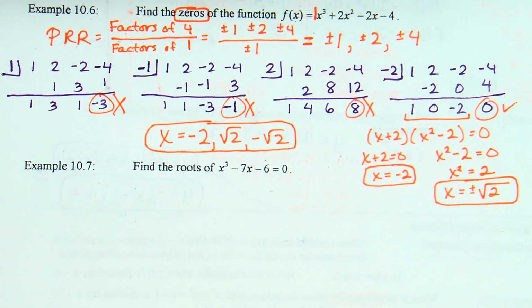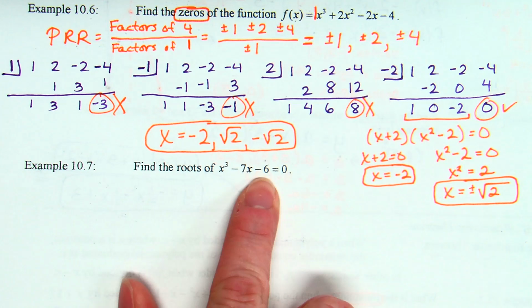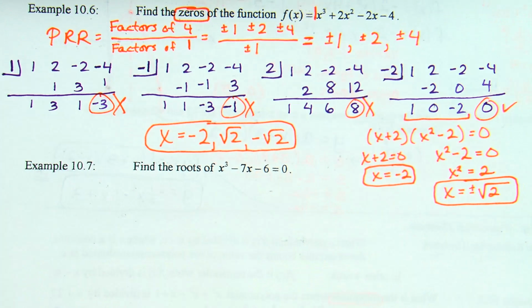Okay, officially, and we are getting close on time, so I am probably going to go ahead and shortcut. Officially, could we do the same process we did up there? PRRs, right? In this case, it would be PRRs of factors of 6 over 1, which basically means then 1, 2, 3, and 6. Okay. Can you eyeball which one works pretty quickly? I don't know if you can or not.